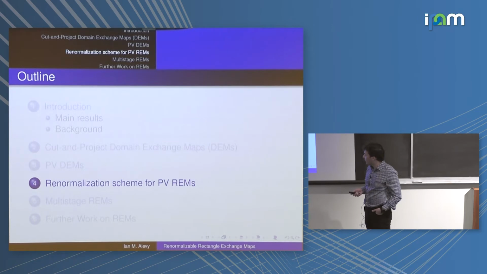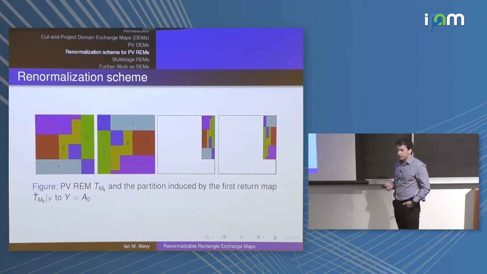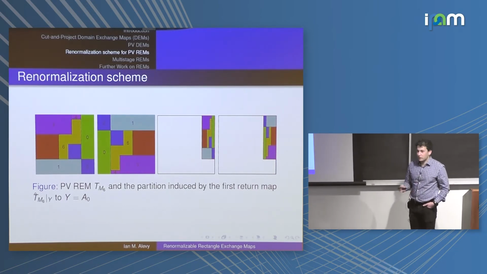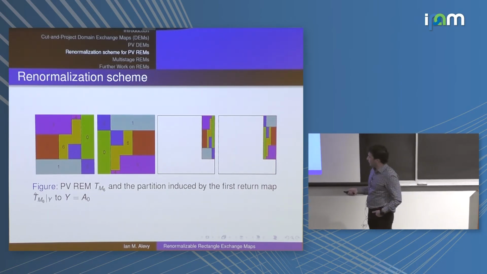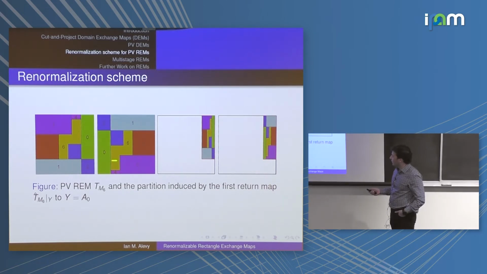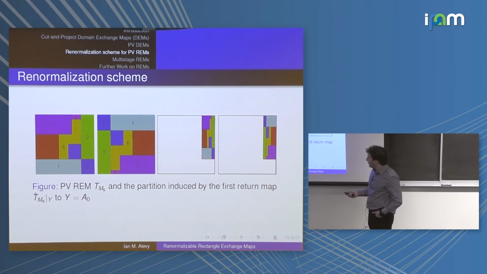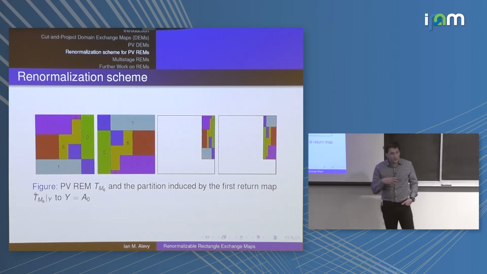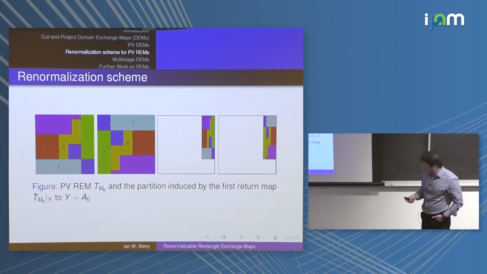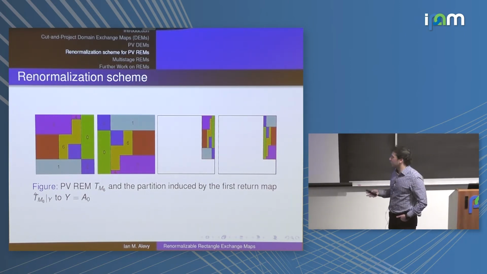All right. So for these PV REMs, we're able to develop a renormalization scheme, and this picture here explains it. So if you take this REM, associated to the matrix M6, and now you look at the first return map to this green rectangle, which I've called A0, that is a new dynamical system, and it will be, again, a domain exchange map.